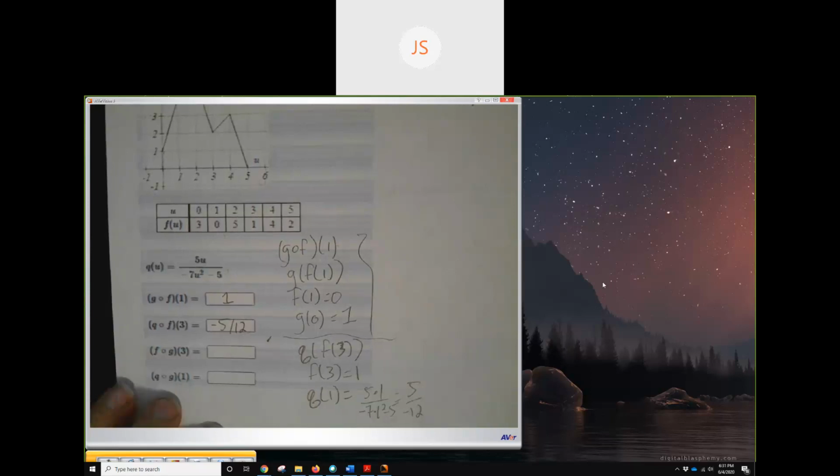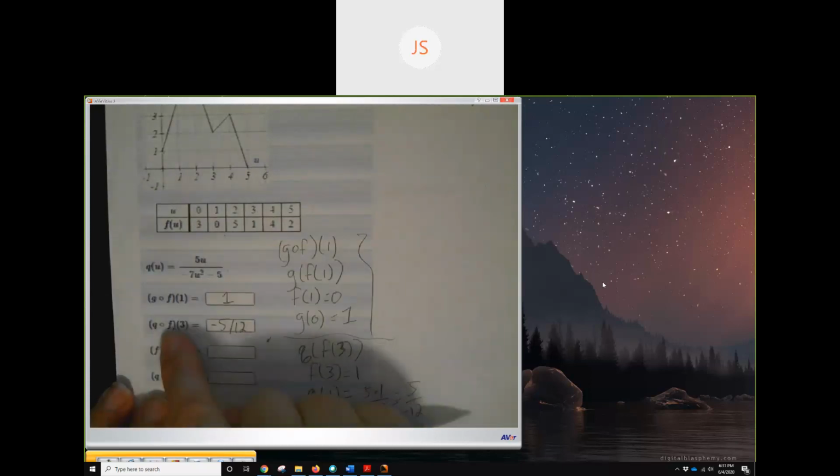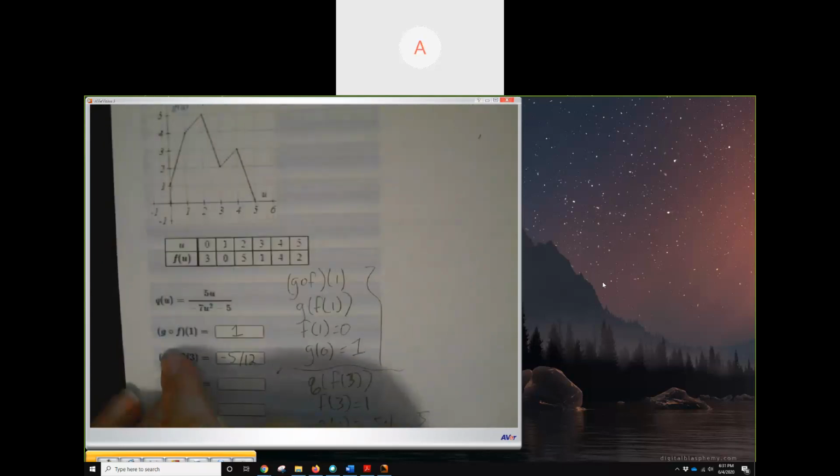Wait, so we didn't plug the G of F into that equation because Q and U weren't in it? Because all we used was Q and F. But for the one above it, since it's G of F, that's why we just got 1. We didn't bother plugging that into the 5U over negative 7U squared. Exactly.